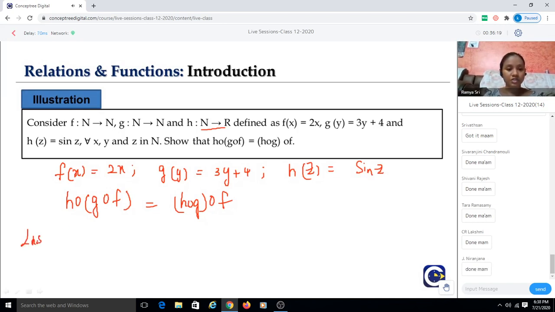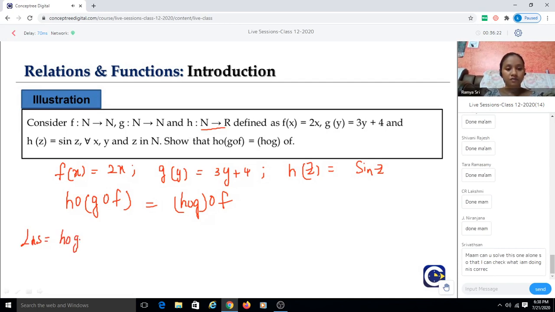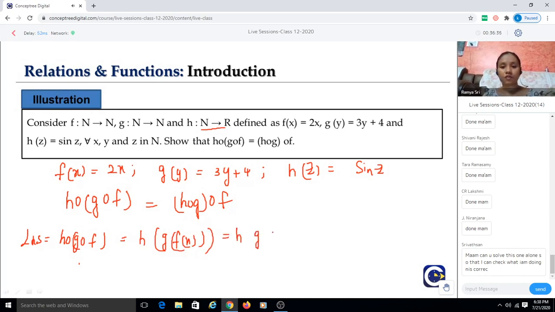So here our LHS is nothing but h of g of f. Right, so first we have to find g of f, that states h of g of f of x. So this is our typical definition here. So what is our function f of x? That is 2x. So here it is h of g of 2x, that means in place of y we have to substitute 2x.